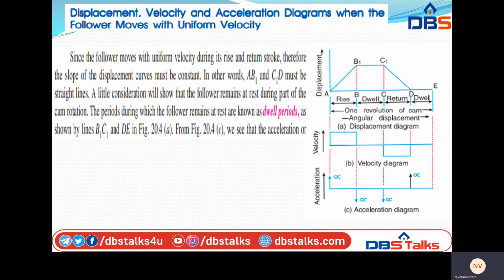So the acceleration and the retardation at the ending and the beginning are infinite. So if you see the displacement diagram, it has reached from A to B1 and C1 to D. So there is a limited period, but in the acceleration there was no limit. So the limit is infinity.